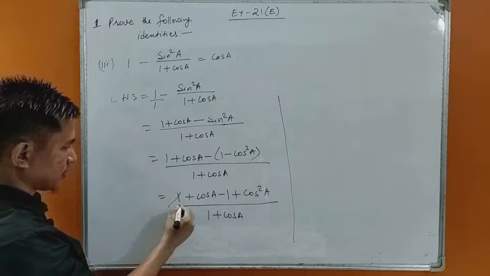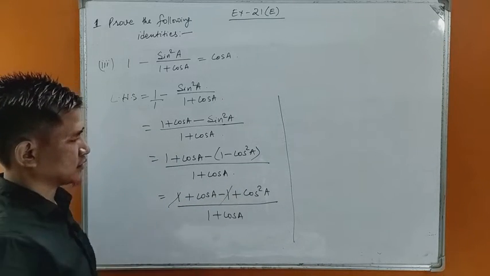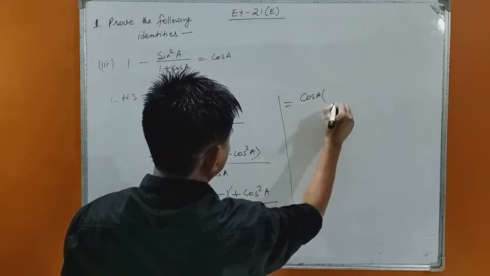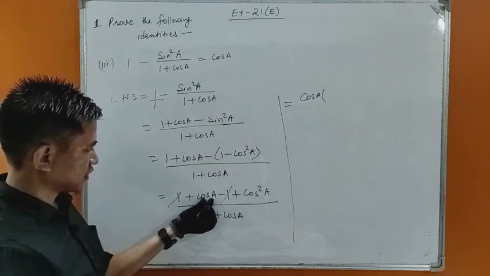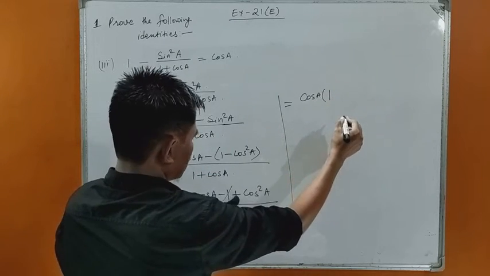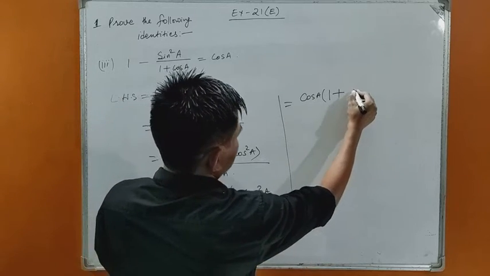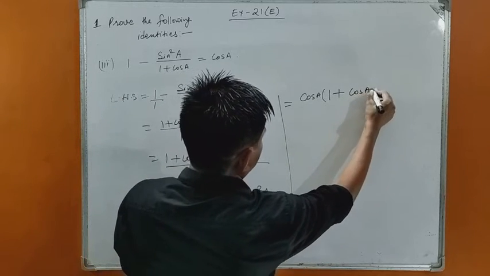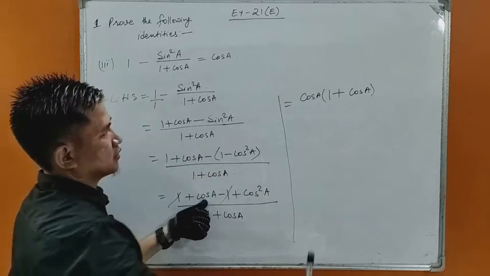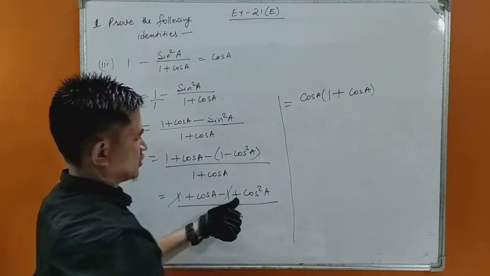So this plus 1 and this minus 1 can be cancelled. We have cos A and cos square A, isn't it? So let's take the common cos A out. Cos A is taken common, so here we have 1, isn't it? Plus, here we have 2 cos A, so 1 cos A remains within the bracket. Are you getting me? Cos A into 1 gives us cos A. Plus into plus, plus cos A into cos A is cos square A.